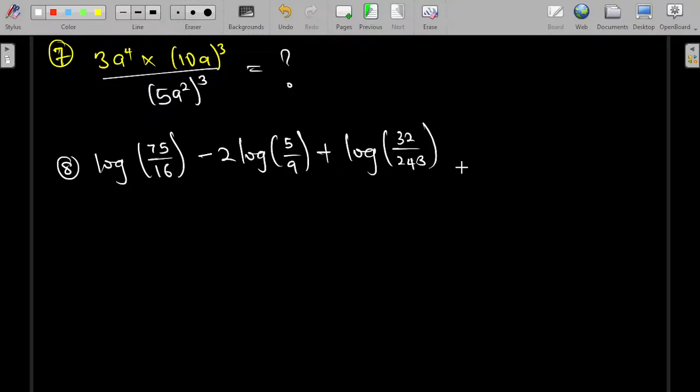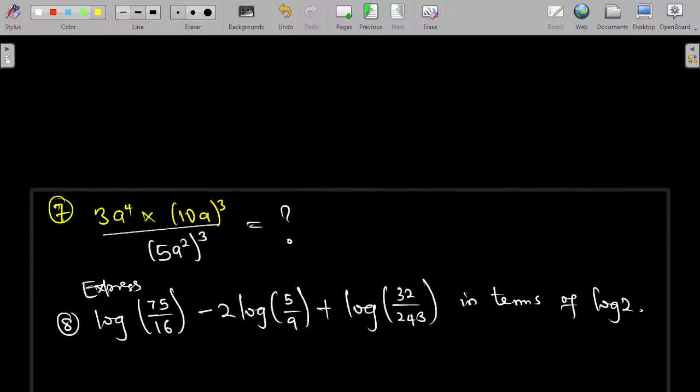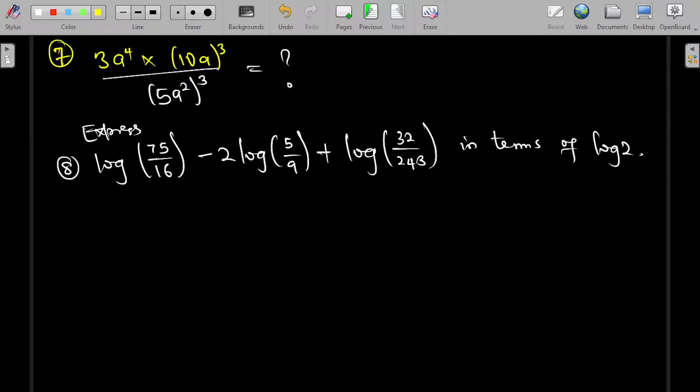Wow. So we want to express this in terms of log 2. I think I like this particular question. So what is expected of you here? Simple, just to simplify. Remember, like I said, we have now moved from indices to logarithm, which is the 4th topic according to your course outline.